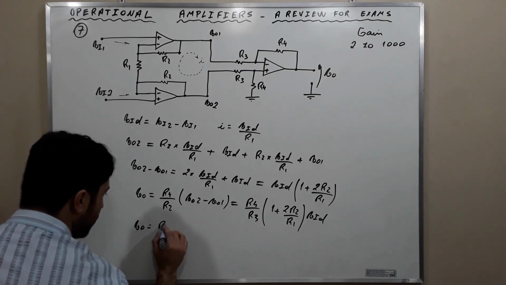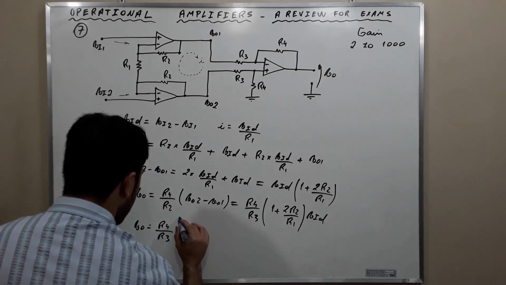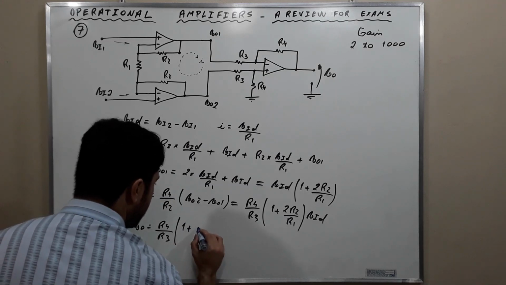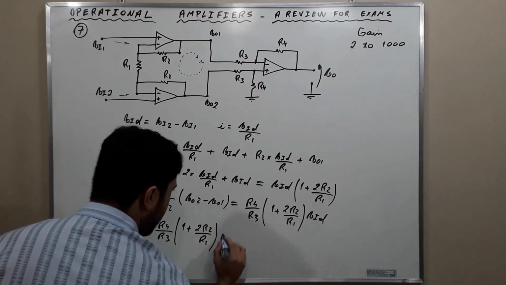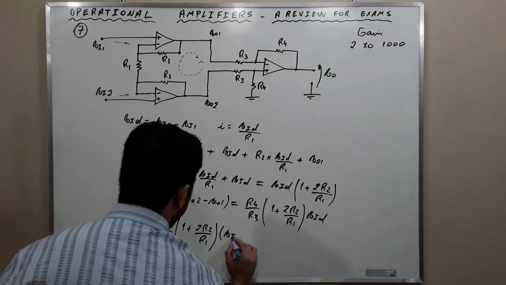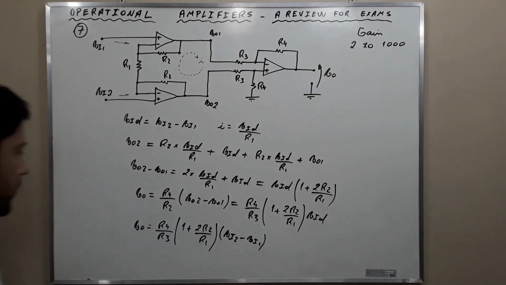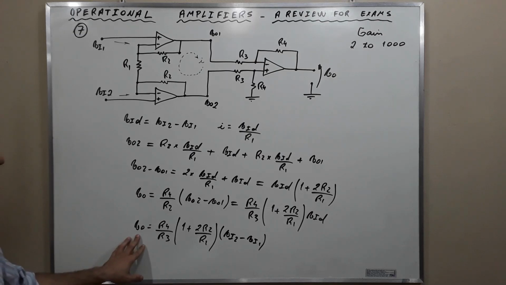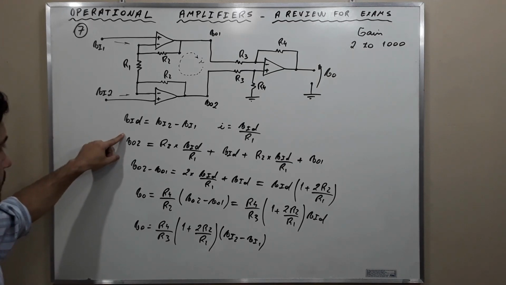VO is equal to R4 over R3, 1 plus 2R2 divided by R1, times VID, which is VI2 minus VI1. Okay? And this is the output voltage in terms of the input signals. Okay, my friends? Have you fully comprehended what I did here?